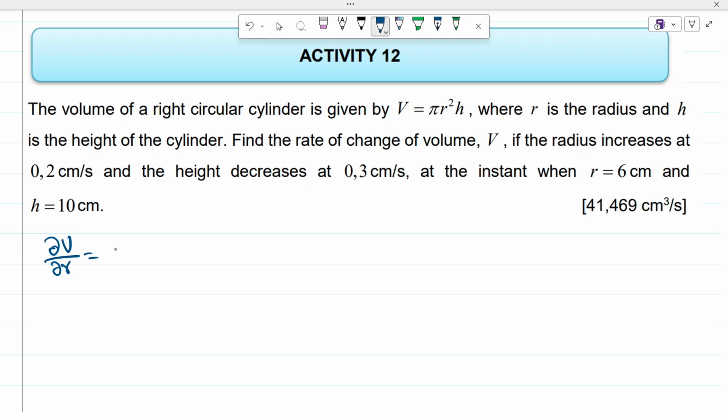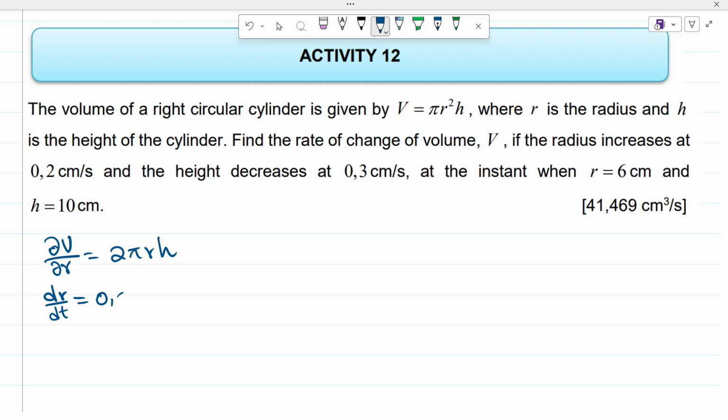So that means we are going to get 2 pi r h, and then we are told the rate at which r changes with respect to time is equivalent to what?